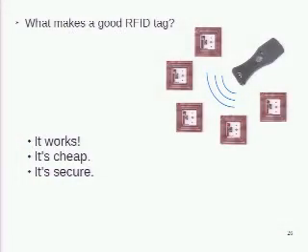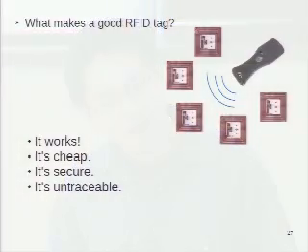Otherwise, nobody's going to use it. It's secure. So this is a little bit ambiguous. So what does secure mean in this context? They have some sort of definition for this. Secure means that only an authenticated tag, a legitimate tag, can authenticate itself to the reader through a matching conversation.